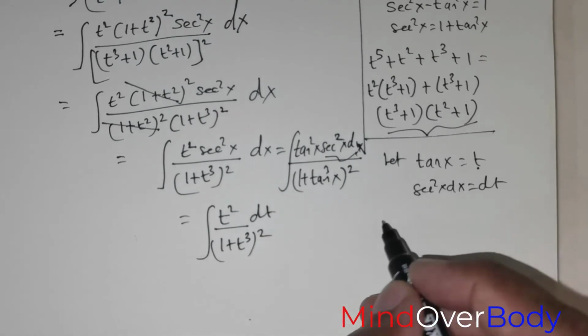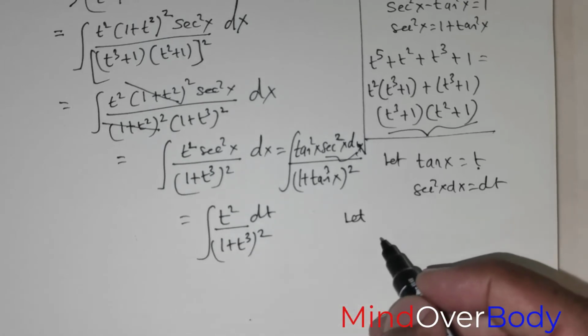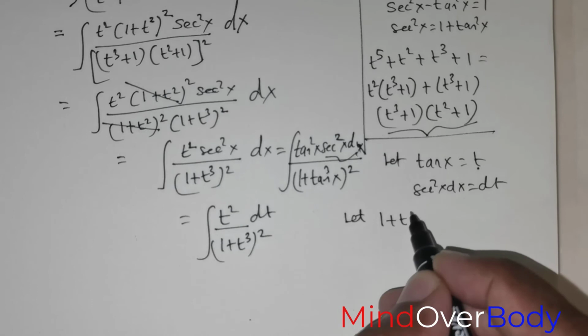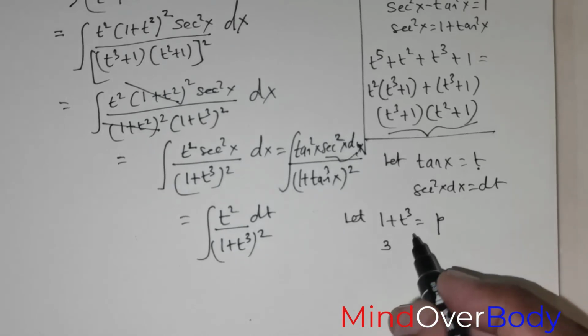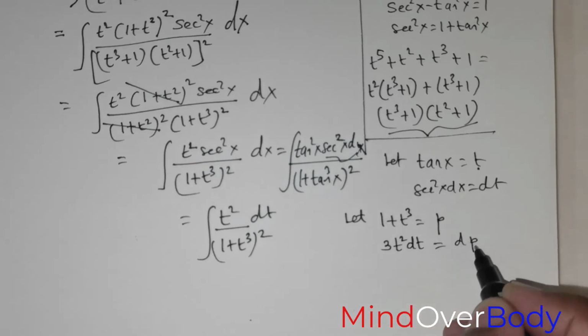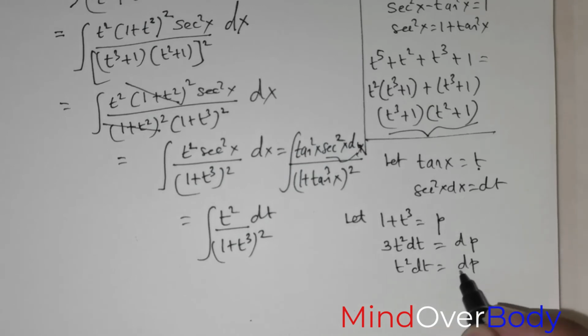Now I'm going to make another substitution. Let 1 plus t cubed be equal to some p. I differentiate this, I get 3 times t squared times dt is equal to dp. So from here t squared dt is equal to dp over 3.